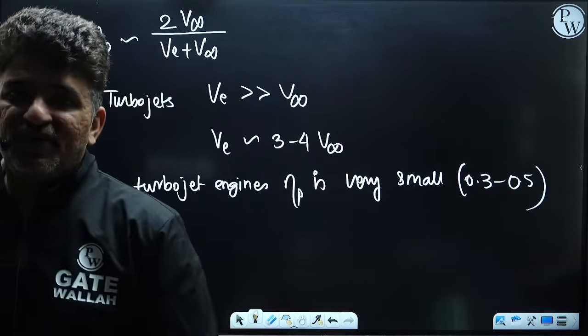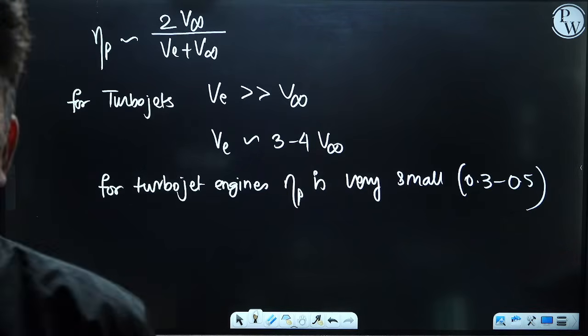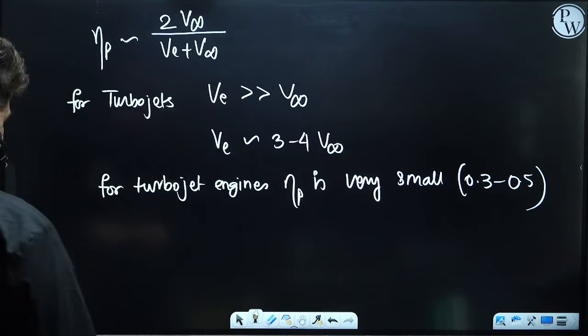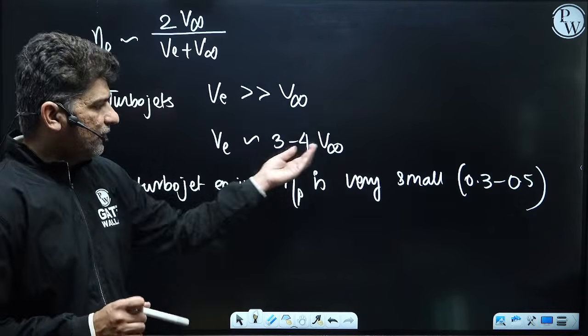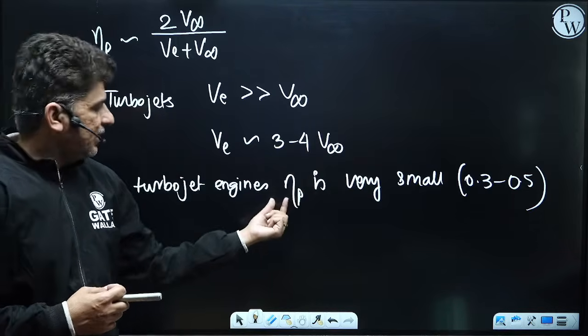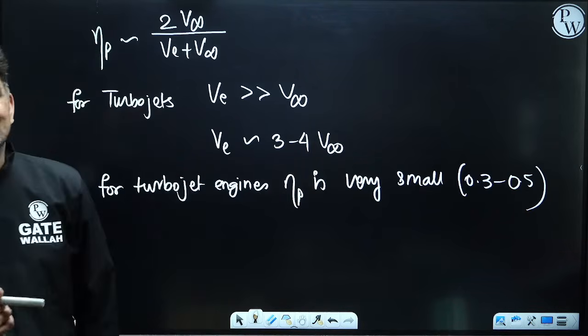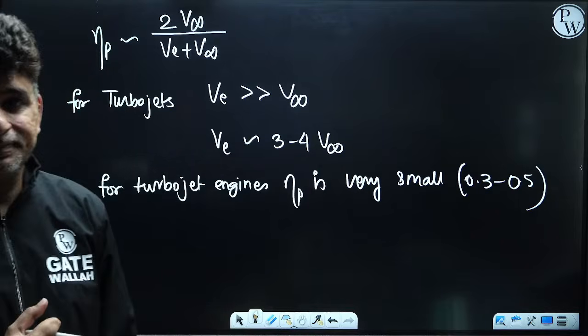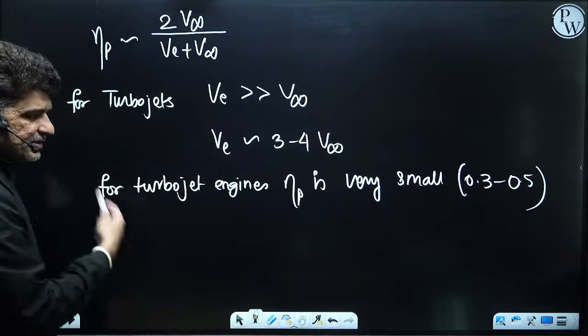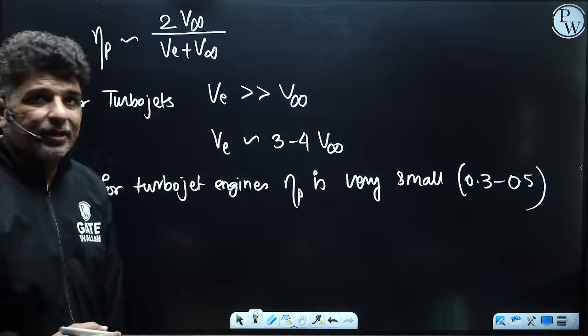We have seen that when the jet velocity is around 3 times the free stream velocity V infinity, the efficiency will be lesser than 50%. Is it clear? I hope most of you have understood how propulsive efficiency looks.